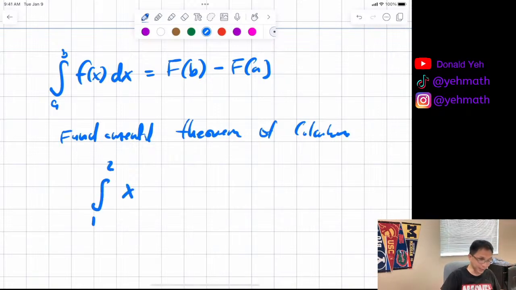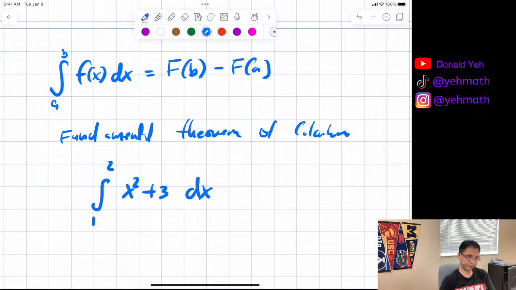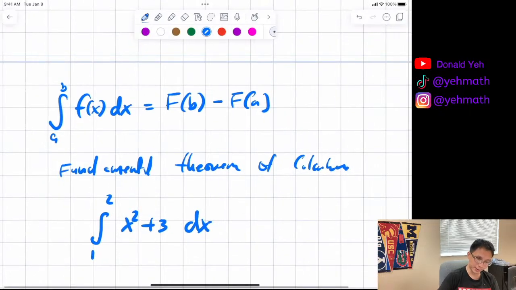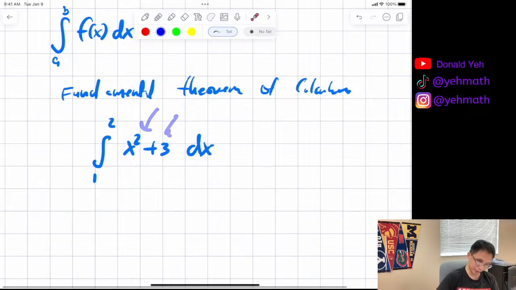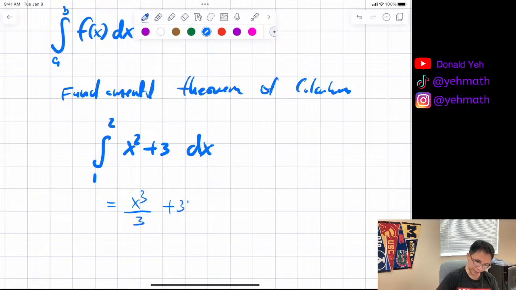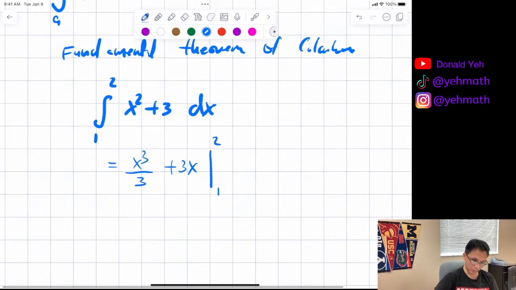So the integral from 1 to 2 of x squared plus 3 dx. When you integrate the lowercase, you're going to get the uppercase. When you integrate this, it becomes x cubed over 3 plus 3x, evaluated with the boundary at 2 minus the boundary at 1.